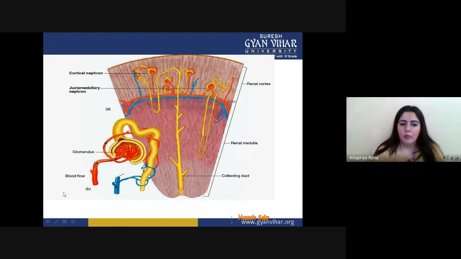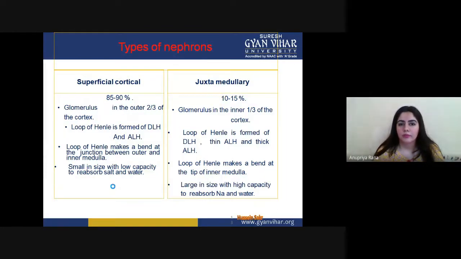So this is the glomerulus, and this is the blood flow, with arteries flowing blood in, and the deoxygenated blood with the waste products coming out. Now, these are the two types of nephrons here. One is the superficial cortical, and the second is the juxtamedullary.